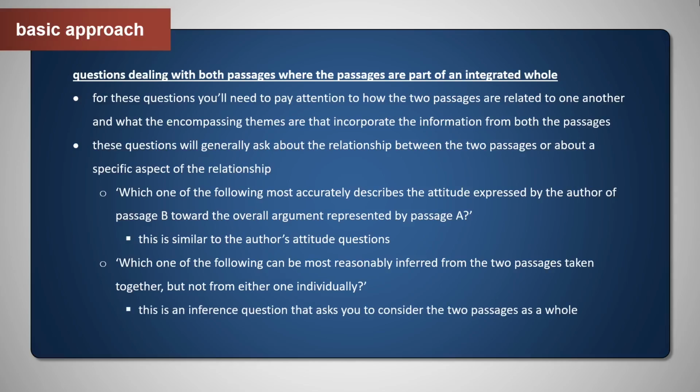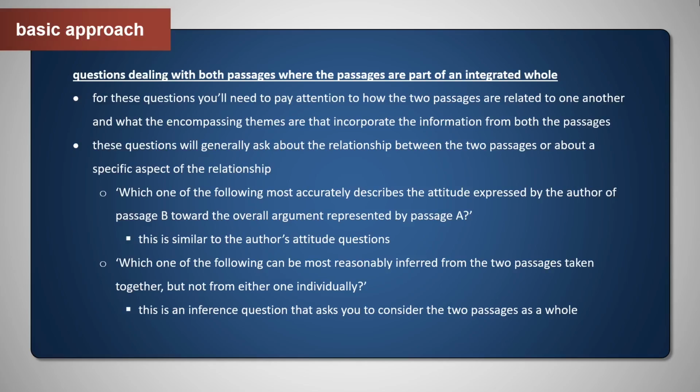Okay, so you see the basic difference. The questions that you're going to be doing are going to be similar, maybe with certain variations of the basic questions that you've seen in the single passages. But with respect to the questions in the dual passages, you're either going to have questions that deal with just one passage.